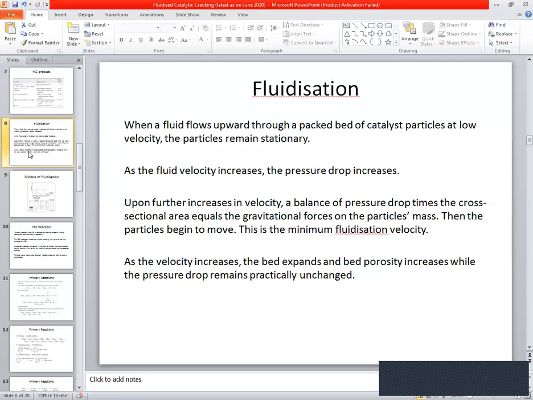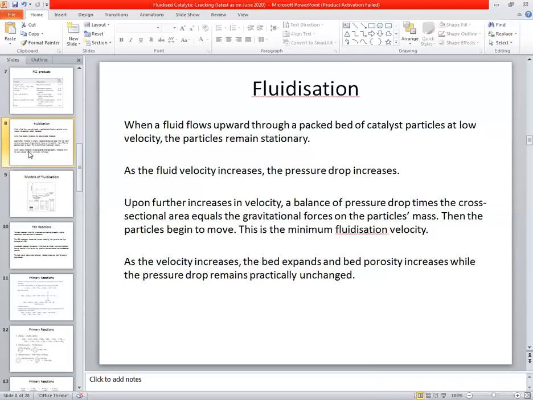As you keep increasing the velocity, it reaches a condition where the pressure drop times the cross-sectional area equals the gravitational force on the particles. That means we can overcome the gravitational force by applying velocity and pressure.